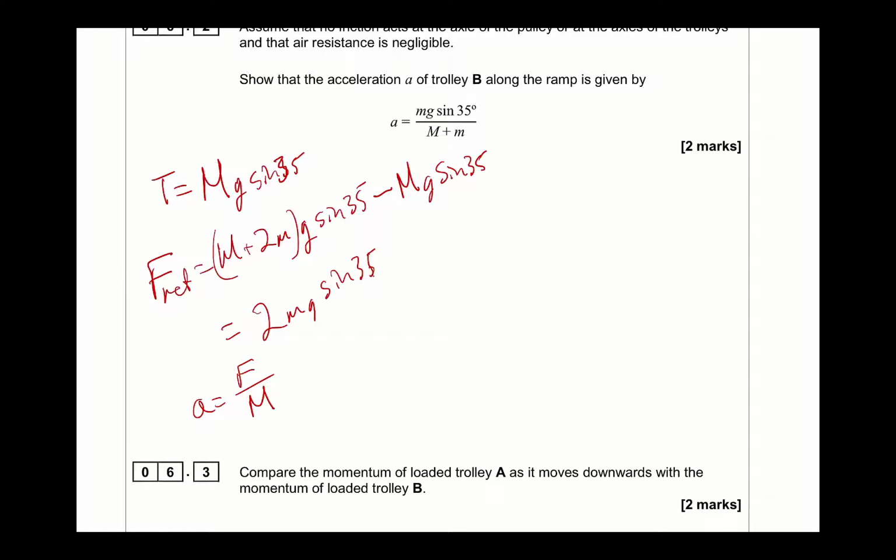I've got to pause this for a second. Okay, so I'm approaching this wrong. I made an incorrect assumption about the tension.